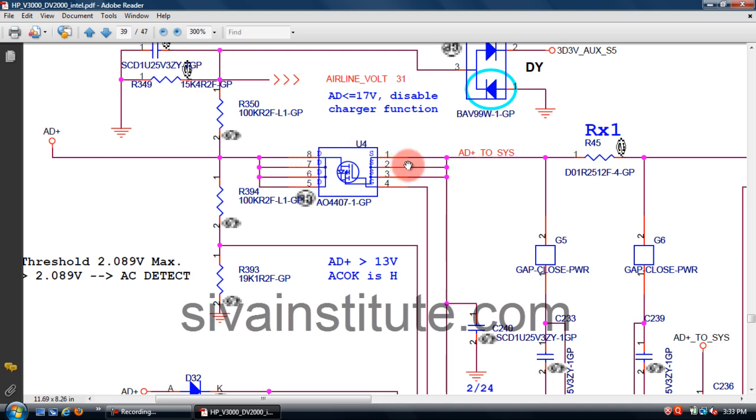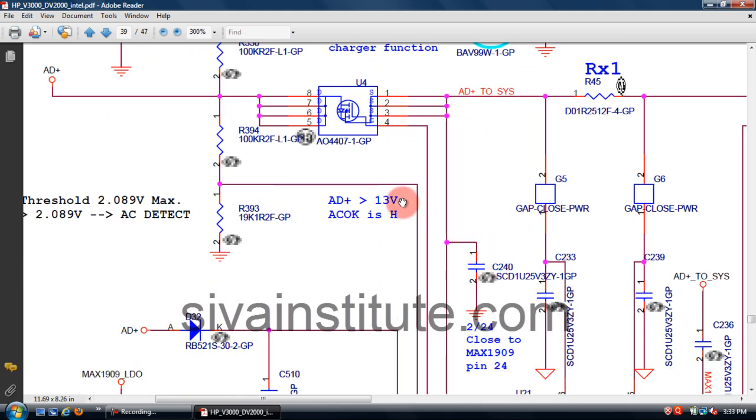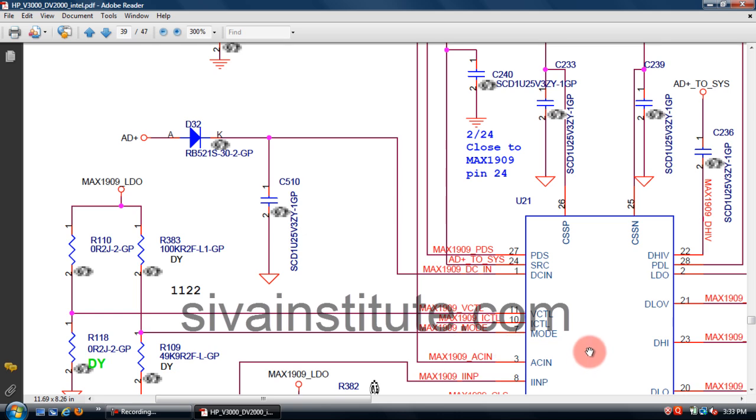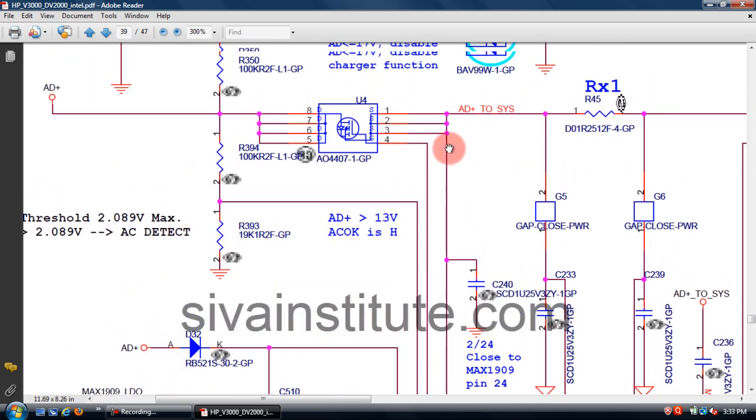If there is no voltage at this point, you should check the gate pins and the AC in voltage to the gate pin. If you have any doubt here, remove this FET and put one wire from pin 1 to pin 8 and check. After that you should rectify the fault.